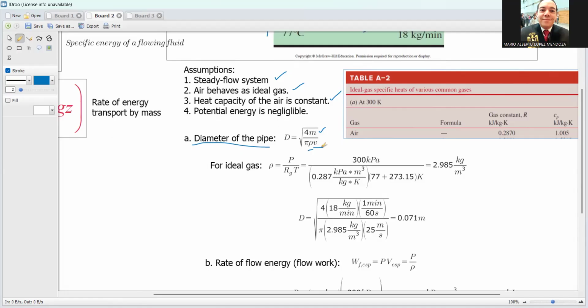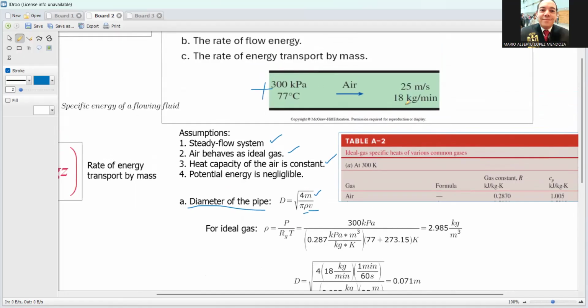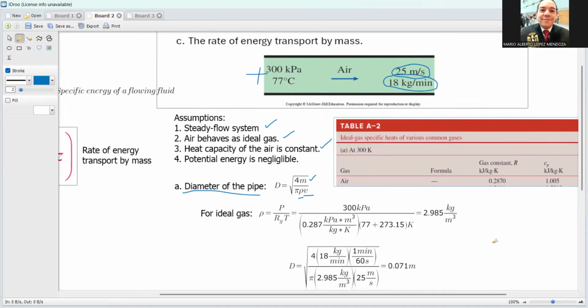So I have taken back this equation. If you see in the figure, we know the mass flow rate for the fluid and we know the velocity. But here we don't have information about the density of the air. As we have supposed that air behaves as an ideal gas, we can estimate the density from the ideal gas equation.